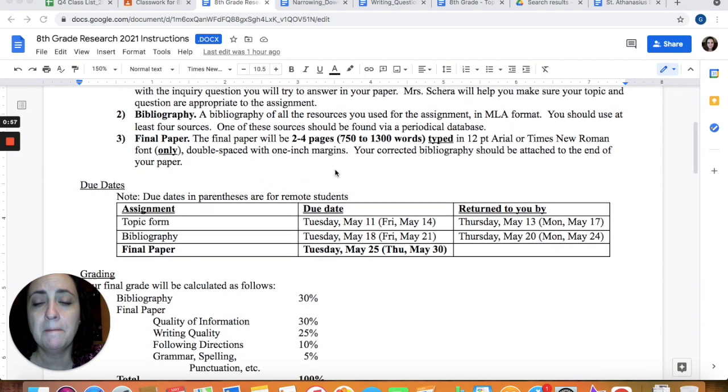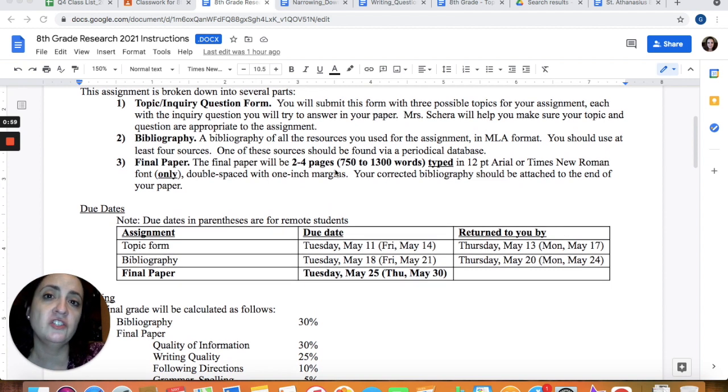Number 2 is the bibliography. A bibliography is just a list of all the sources that you used for your assignment. In MLA format, we're going to have a separate lesson on how to do that. For this assignment, you should be using at least 4 sources, and one of these sources should be found via a periodical database.